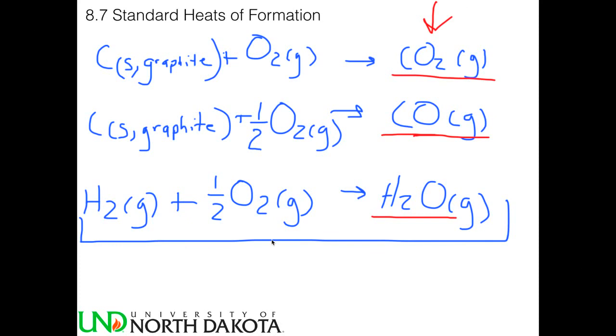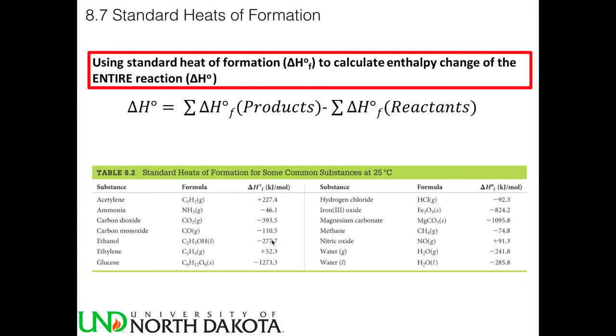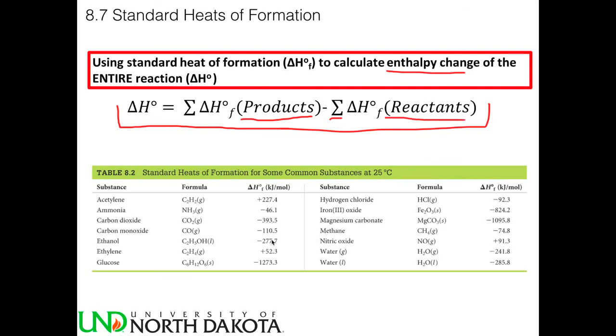How we're going to use them for this class is using this equation. We can use the standard enthalpy of formation of all the reactants and products in a reaction to calculate the enthalpy change of an entire reaction. And to do that, we would say that the enthalpy change of the reaction is equal to the sum of the delta H naught sub F of the products minus the sum of the delta H naught sub F of the reactants.